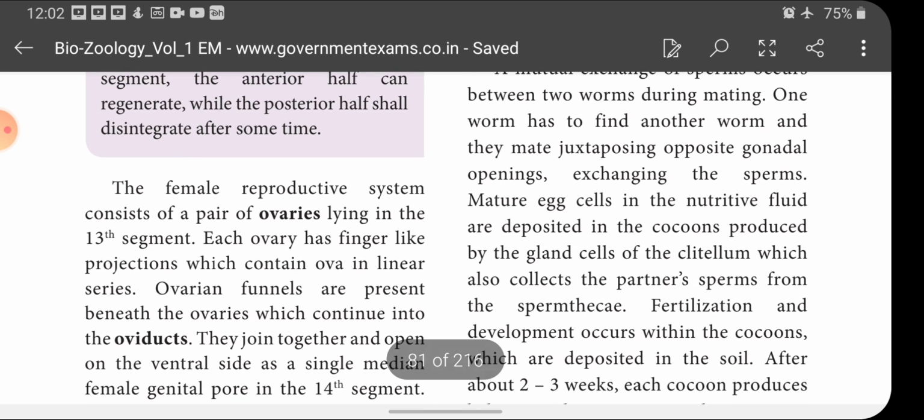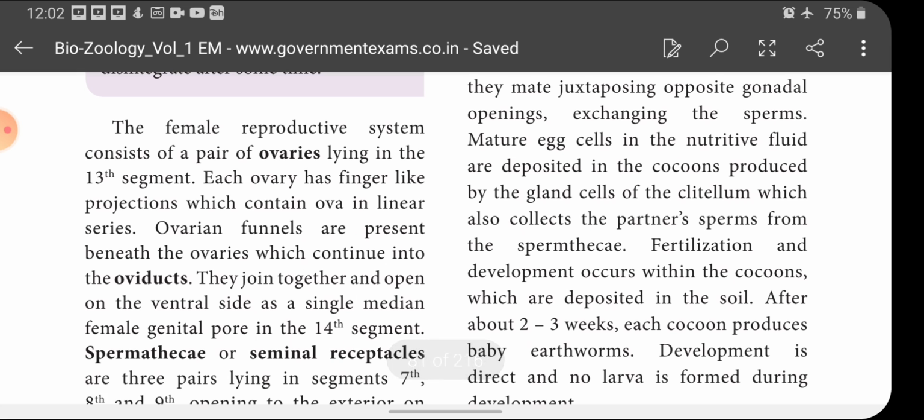The female reproductive system contains a pair of ovaries lying in the 13th segment. Each ovary has finger-like projections which contain ova in a linear series. Ovarian funnels are present beneath the ovaries and continue into the oviduct. The oviducts join together and open on the ventral side at a single median female genital pore in the 14th segment.